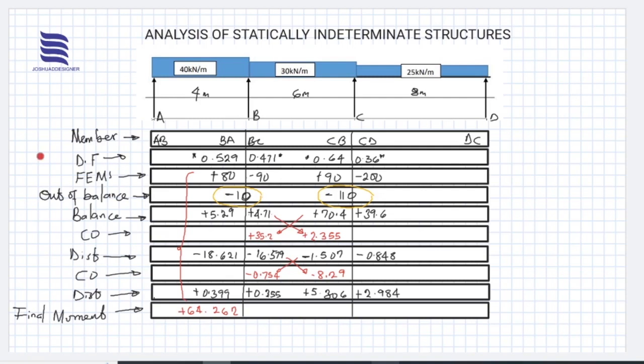Then adding all through here without the out of balance moment, like I said, you have the negative 64.262. Right, on this other end you do the same, adding all through to this point, you'll have positive 158.392. On the other end you do the same, 158.392.